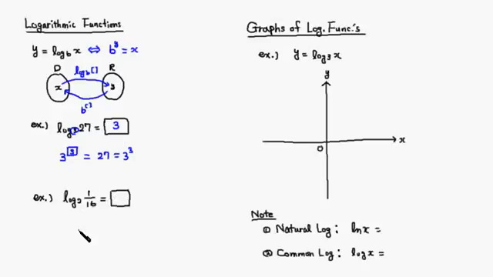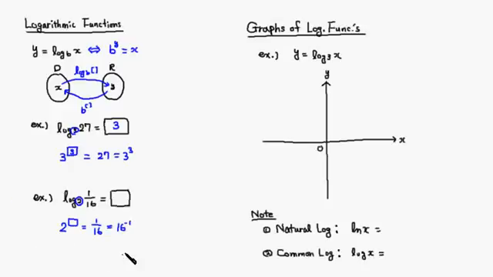Let's look at another example. How about log to the base 2 of 1 over 16? Let's rewrite it in terms of the exponential function. The base is 2, so 2 to the open box is equal to 1 over 16. I don't like a fraction, so I'm going to write it as 16 to the negative 1 power.